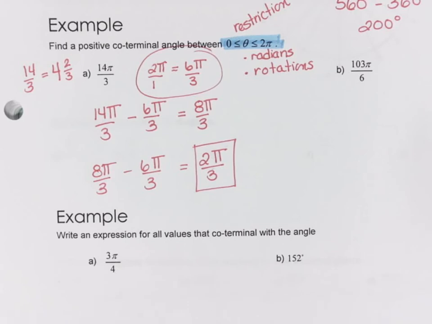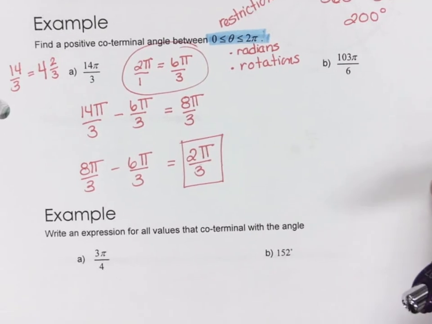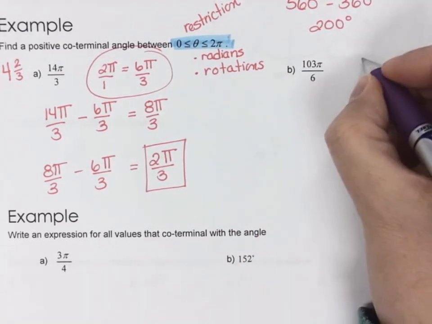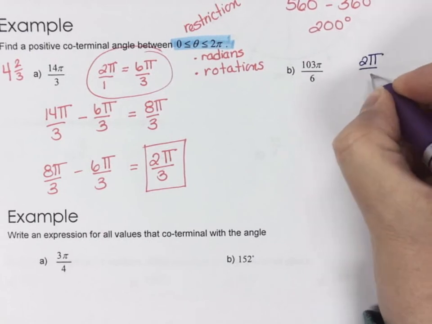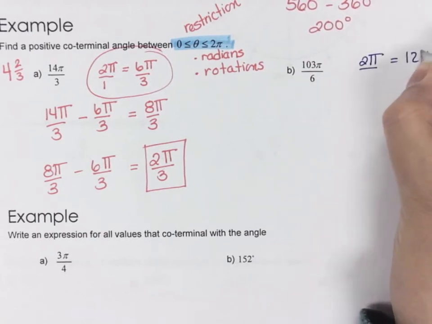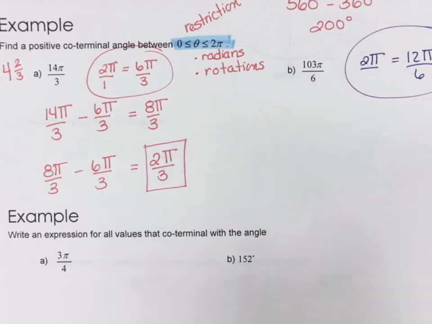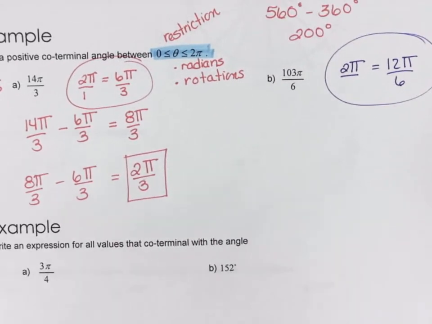Okay. Next one. What is a full rotation with a denominator of 6? 12 pi over 6. I like to do that first just so I know where my goal is. I have to be between 0 and 12 pi over 6, so my answer has to be in there.